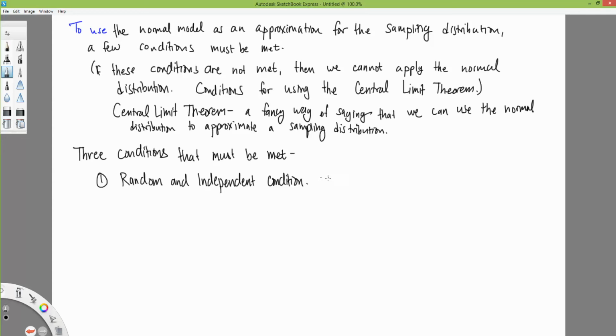This means the random independent condition says that the sample must be drawn randomly and the individuals must be selected independently.